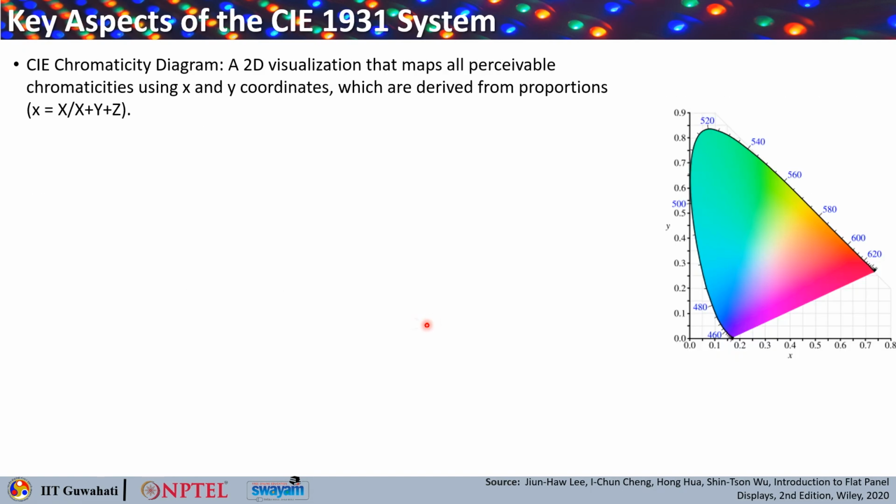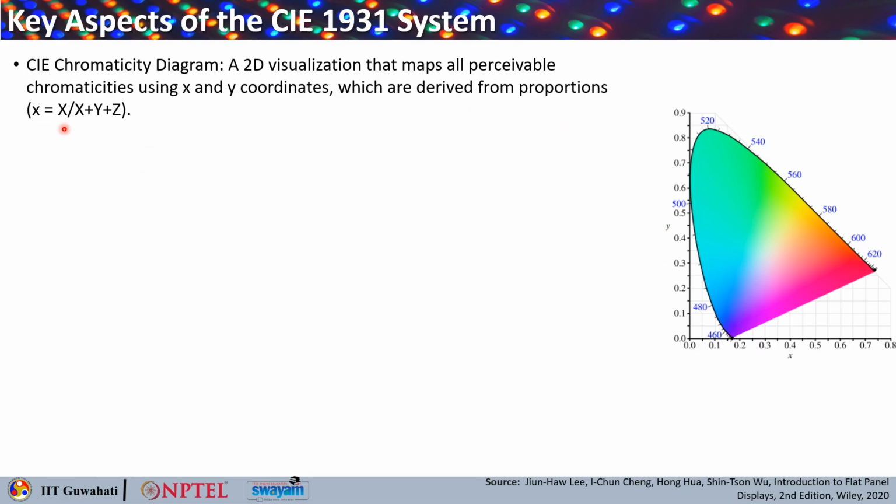If you look at a chromaticity diagram of CIE 1931, it is nothing but a 2D visualization that maps all perceivable colors, or chromaticities, I should say, using small x and small y coordinates. These small x and small y are obtained from proportions.